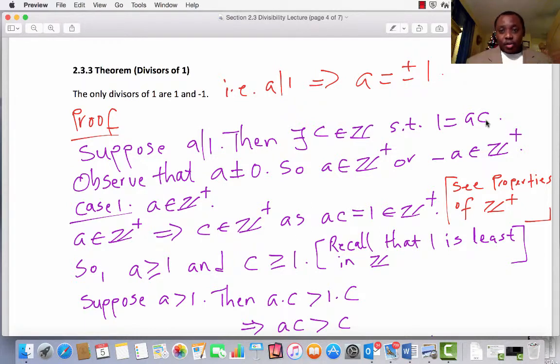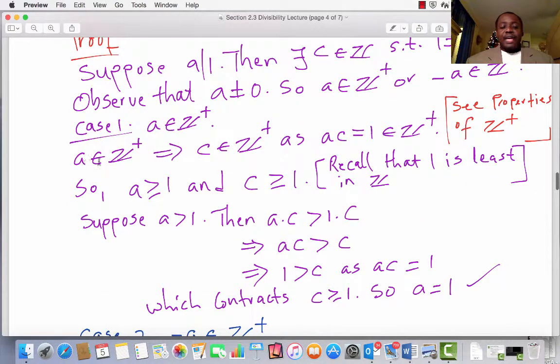You can go back and review those. If a is positive, c cannot be negative because you cannot have a positive number multiplied by a negative number to give you a positive number. If a is in Z plus, then c must also be in Z plus because a times c equals 1, which is a positive integer. Properties of Z plus.